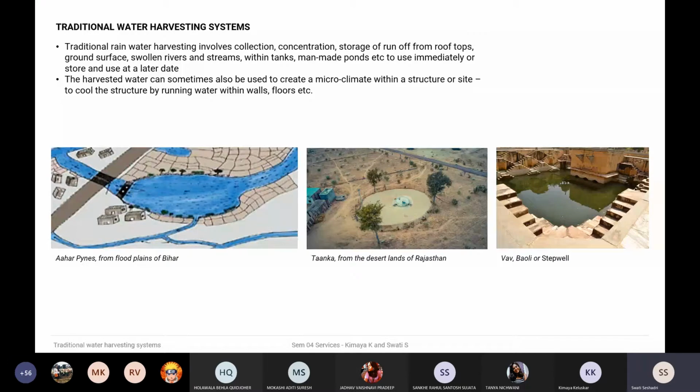Essentially, we're looking at the Ahars from the floodplains of Bihar, which is an excess water condition where, when the rivers swell, you have more water, and how can that water be tapped for many other uses in that landscape. Then we're looking at the tanka, which is a type of tank created in a more arid region to tap into the only source of water that they get once a year.